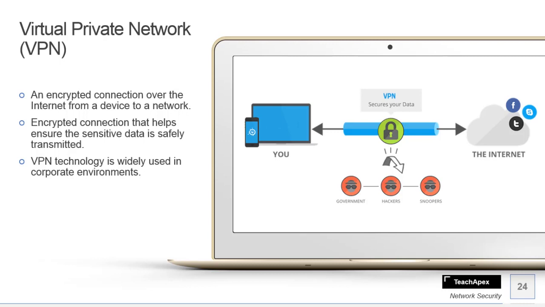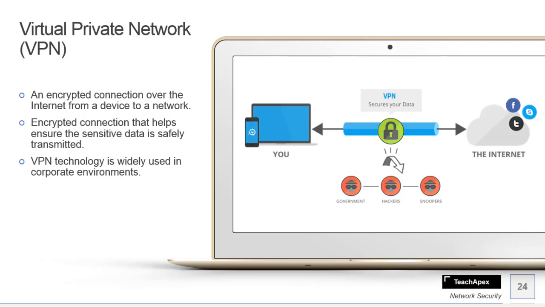Applications running across the VPN may therefore benefit from the functionality, security, and management of the private network. Basically, VPN uses a secure communication channel or technology that maintains the security of that particular network.